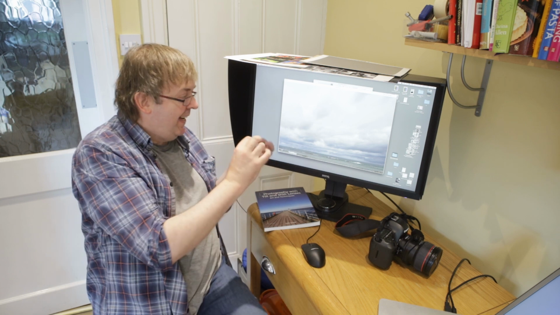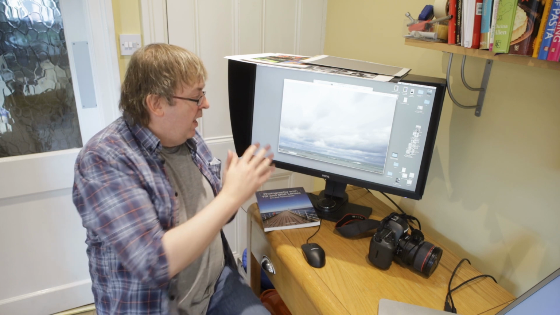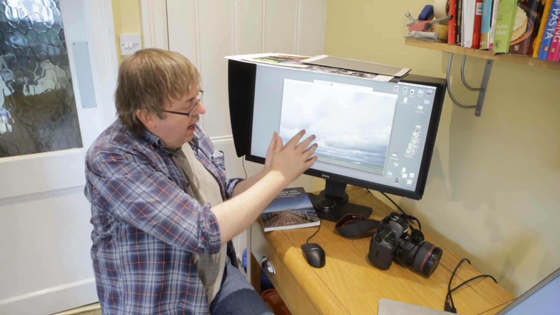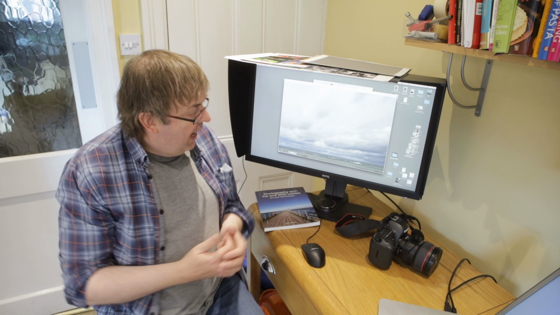Now we'll see actually when it comes to making prints how much what you see here transfers into what you get making a print. The screen is not the print, so there's a lot of work to go between an image here and a large print. And by large print I mean 36 by 24 or something like that, inches that is.